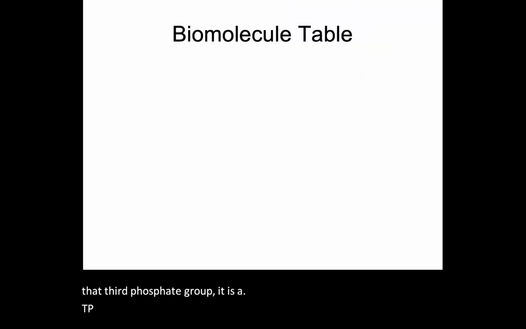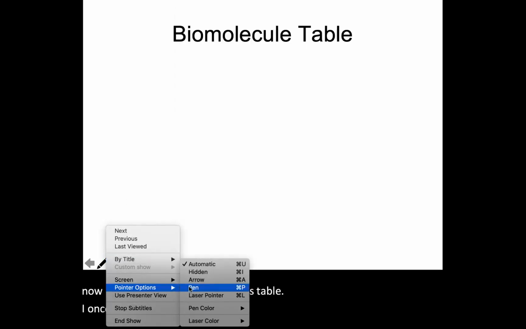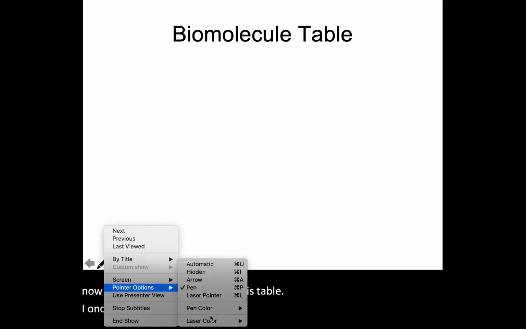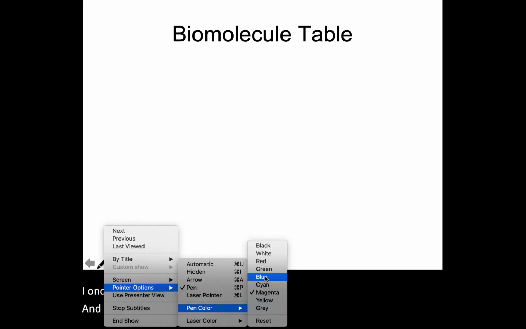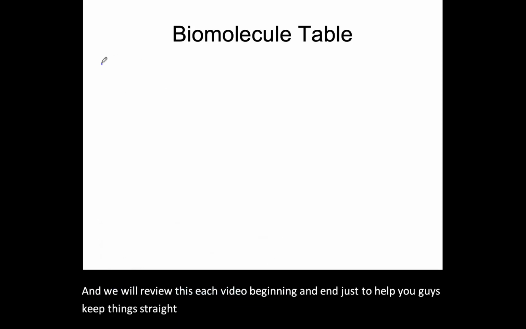Okay, so now let's go back and fill in this table. We will review this at the beginning and end of each video to help you keep things straight. We started with carbohydrates.